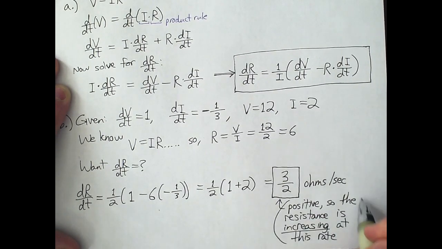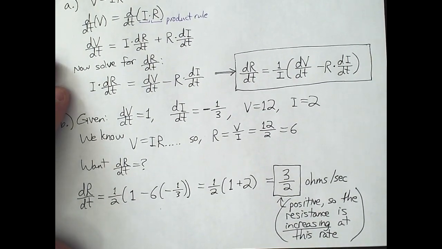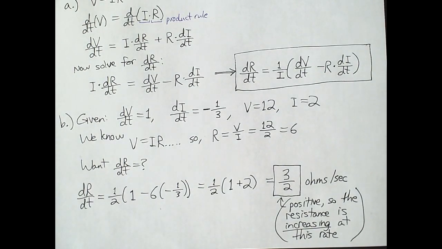Just put that in parentheses. We did get a positive answer. The question said find the rate at which R is changing, and I'm just telling you we found that it is increasing. I suppose in an actual engineering application, you might need to know if things are increasing or decreasing and what's the rate.